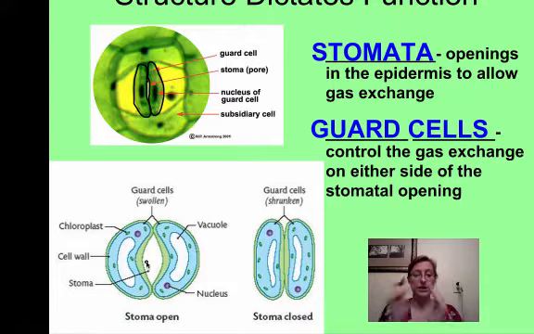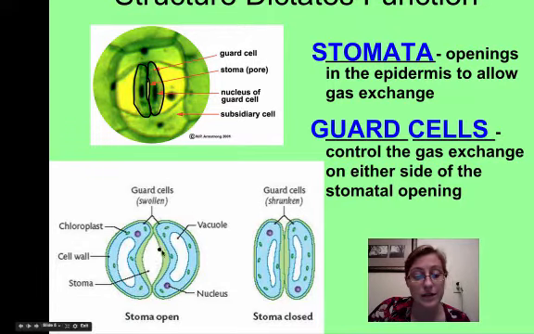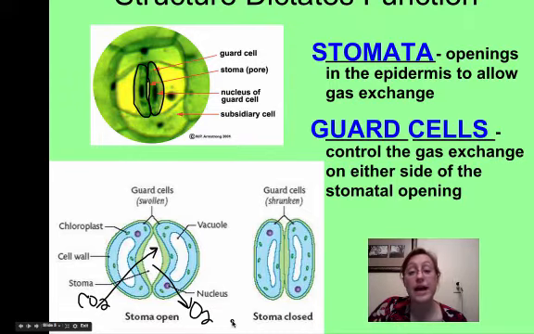They're going to bow out like this. And what it's going to create in the center here is this opening, like a pore, sort of like the pores in your skin, which is going to allow carbon dioxide to get in and allow oxygen to get out. So it's a gas exchange.